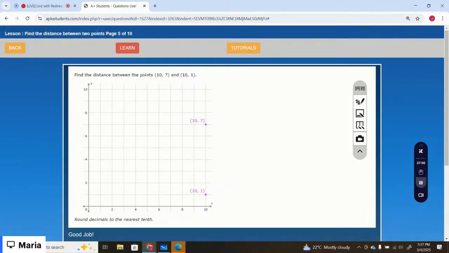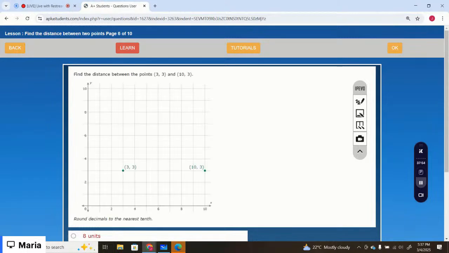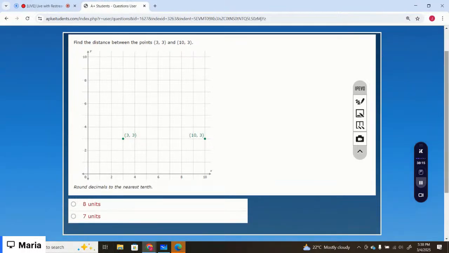Option number 1 is the correct option. Find the distance between the points 3, 3 and 10, 3. Seven units it is. Option number 2 is the correct option.